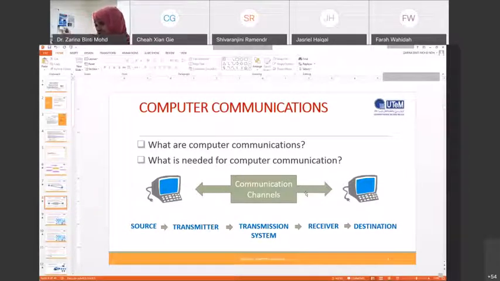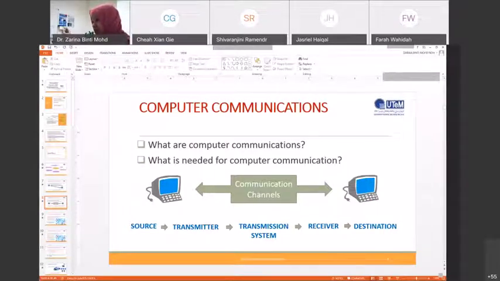That is the function of a modem as a transmitter. What are the communication channels? The communication channel is the transmission system, which we can visualize as either wireless or wired media.